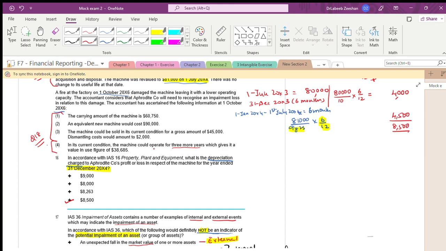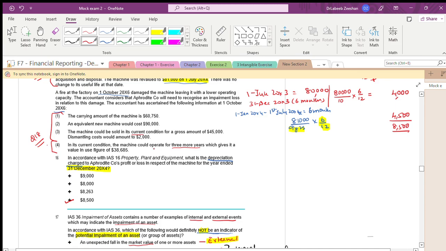We want now. So it will be nil. It will be nil, because we don't have a recoverable amount.